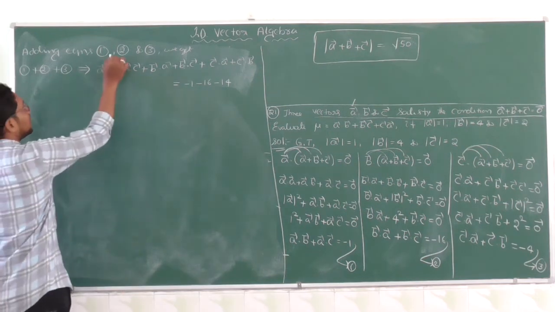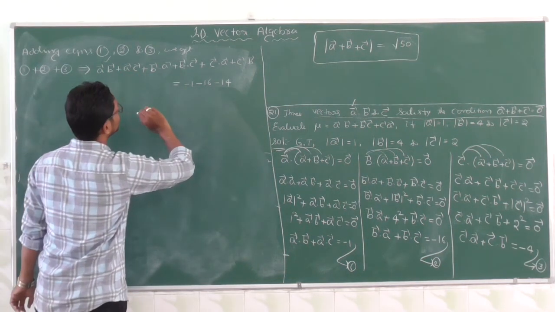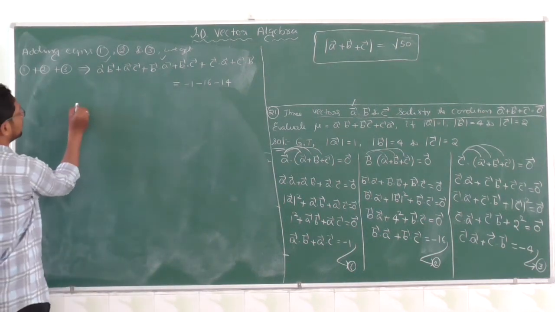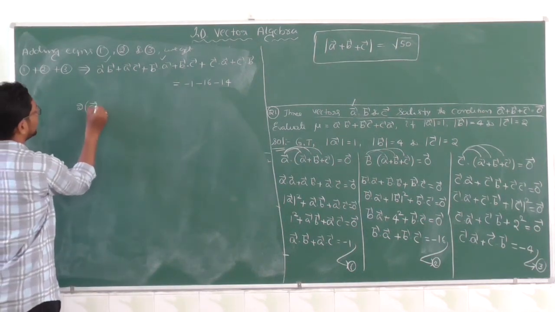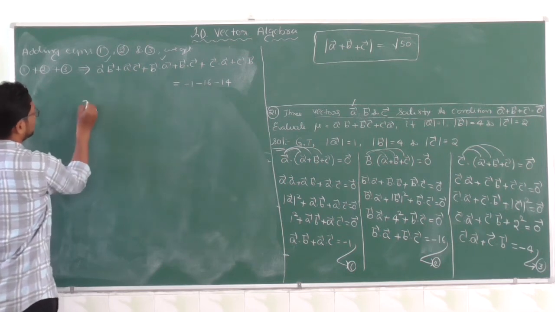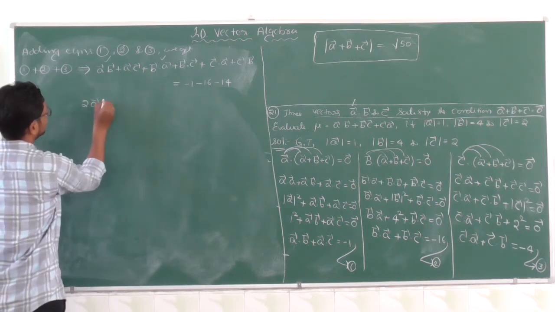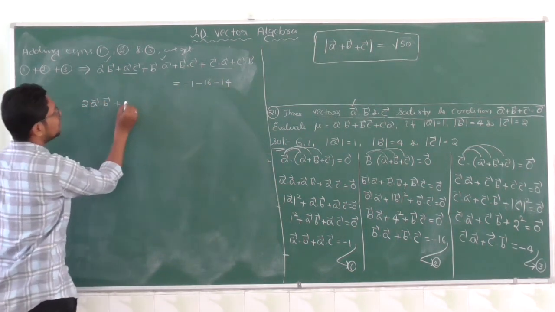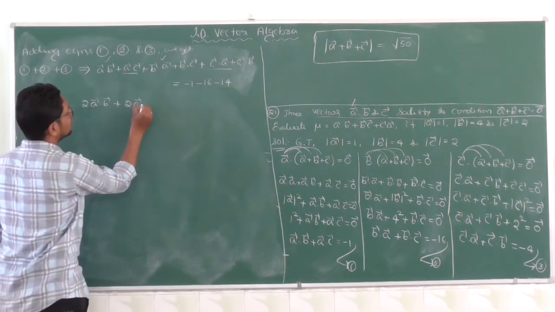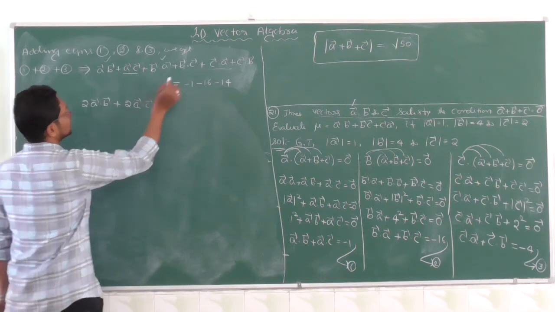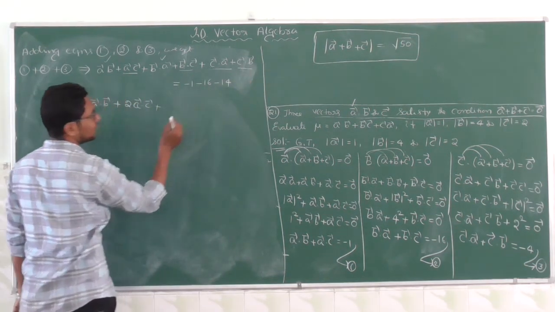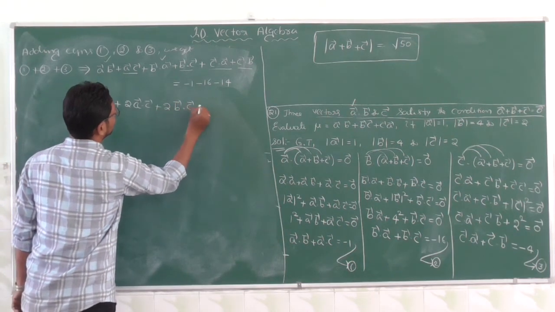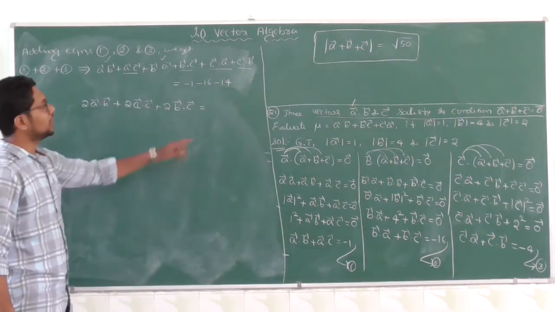Next one. A dot B and B dot A is how much? 2 times A dot B, plus next one. A dot C, C dot A is how much? 2 A dot C, plus next one. B dot C, C dot B is how much? 2 B dot C equals to how much?